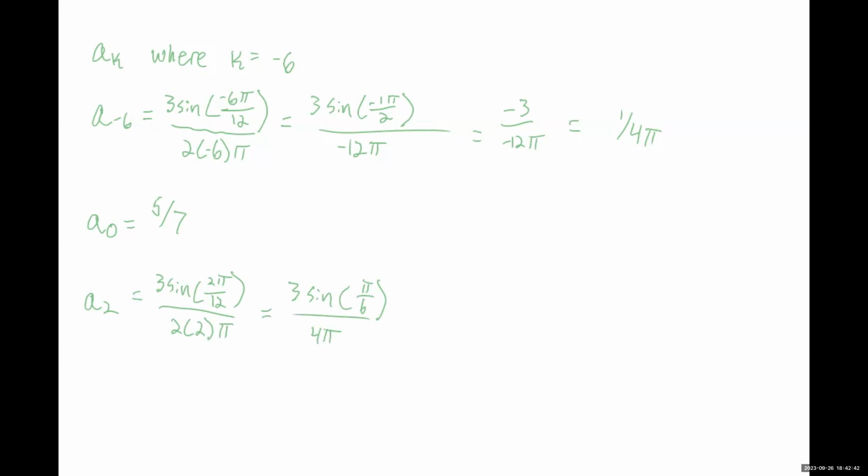Sine of pi over 6, I don't remember my unit circle anymore, is equal to 1/2. So we're actually going to move that to the bottom, multiplying the bottom by 2. So we're going to get 3 over 8 pi. So those are our initial a values based off of the given equation.